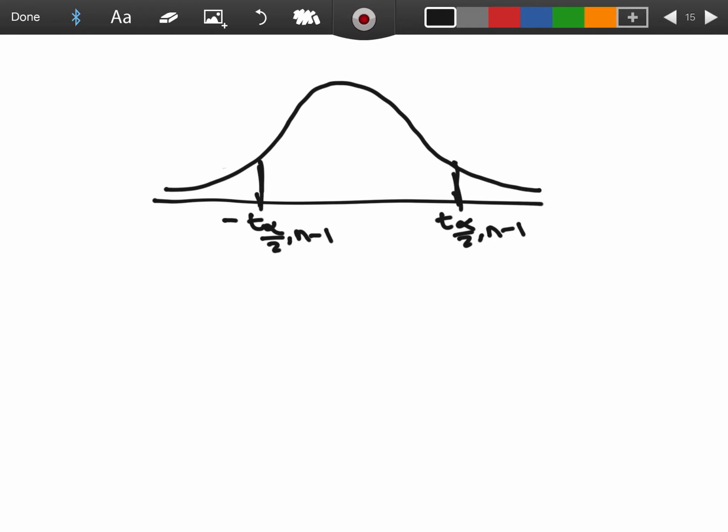So you can look for the positive or negative of that t value. It makes no difference. I tend to go for the negative t value just because figuring out that area is much easier. So depending on your confidence interval, let's say we've got a 0.8 level of confidence, so an 80% confidence interval. We've got 0.8 here, and we would have 0.1 on either side.